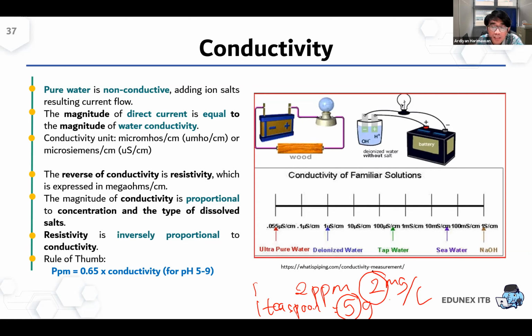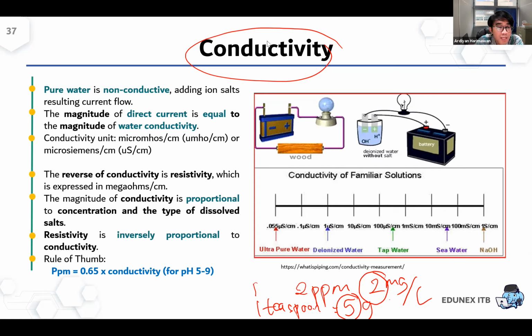Then to calculate the concentration, we use the conductivity method, the ability of the salt solution to transfer the electron, to transfer the electricity. So you can use this test to replace the gravimetry method.